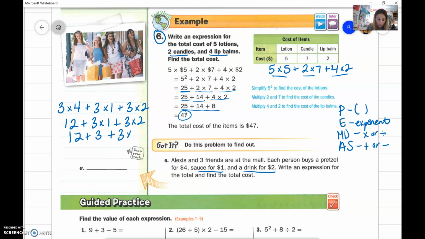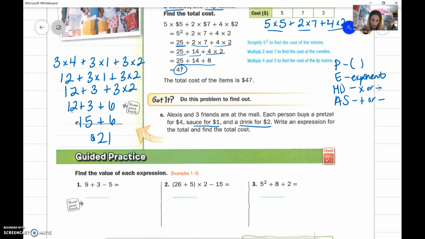Bring everything else down. Now I'm left with plus, plus, and a multiply, so I leave this alone and do 3 times 2, which is 6. Now I go in order from left to right. 12 plus 3 is 15. 15 plus 6, and when I add that all together, I get $21. So they were able to get 3 pretzels, 3 sauces, and 3 drinks for a total of $21.